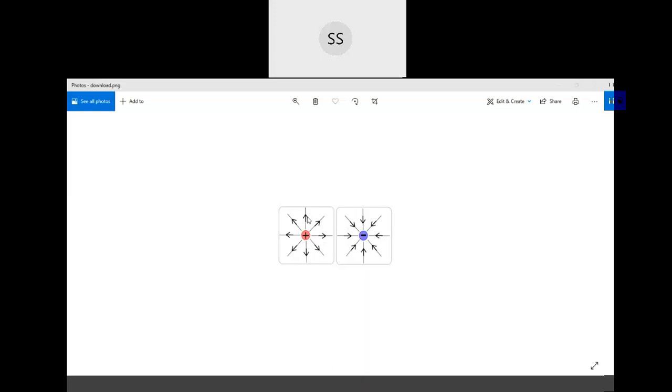So these lines are called electric field lines, and as we go away from the point source charge, the distance between the electric field lines is more. So we can establish a point that two electric field lines can never cross each other, because as we go away from the source the distance will increase. That's why they can never cross each other. Okay.